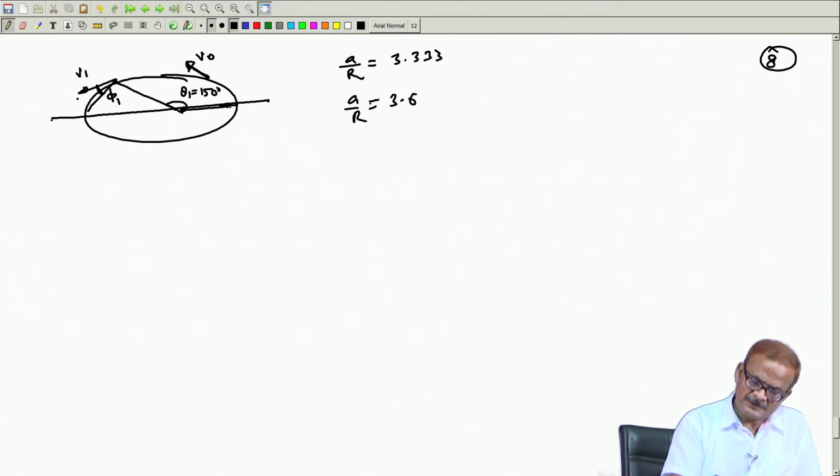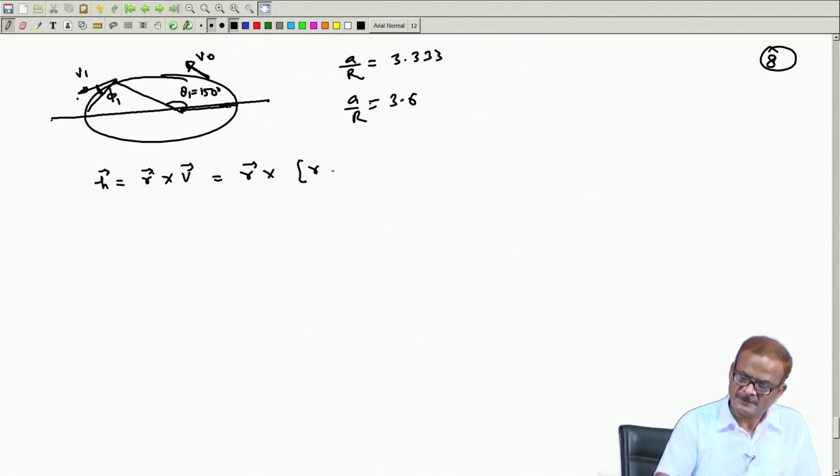Now, at this position, if we are looking for the flight path angle, h equal to r cross v, and as I have told you earlier, this can be written as r times r dot E r cap plus r times theta dot times E theta cap.